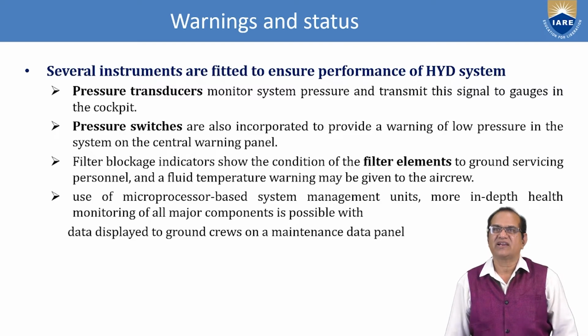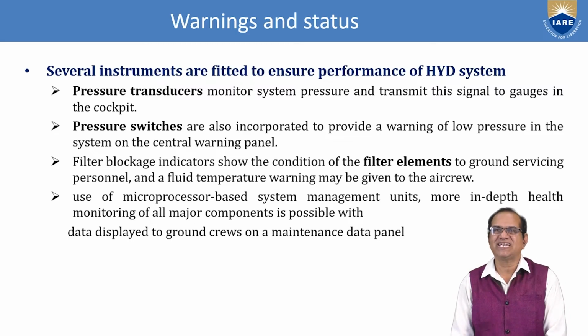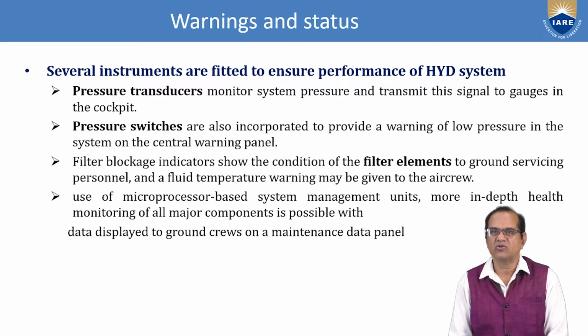Pressure switches are incorporated to provide a warning of low pressure in the system on the central warning panel. Filter blockage indicators show the condition of the filter element to ground servicing personnel, and a fluid temperature warning may be given to air crew.